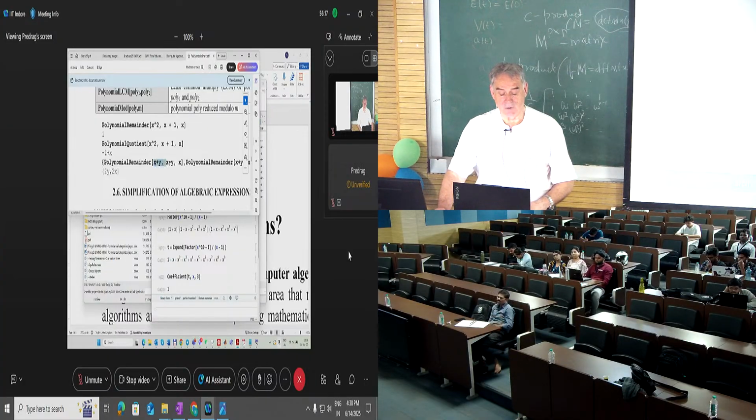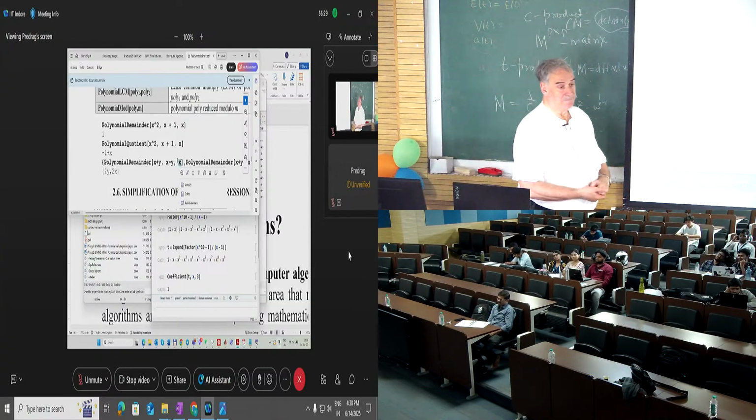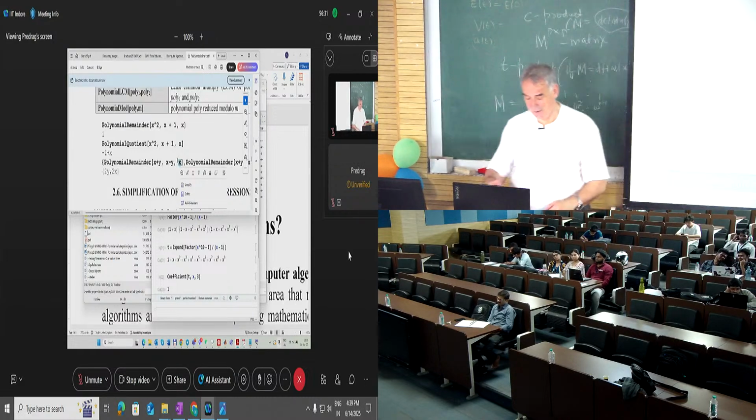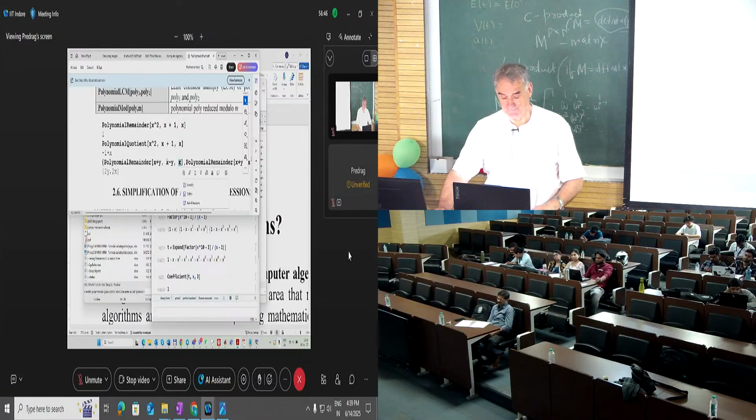Polynomials can be of one variable or of more variables. Then we can ask for a remainder or quotient with respect to the wanted variable. Here we have polynomials of two variables and we ask for a remainder with respect to variable x.